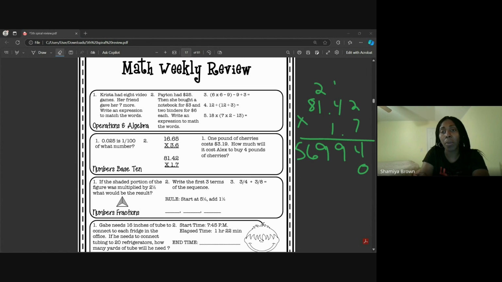Put my 0 to hold my place. 2 times 1 is 2. 4 times 1 is 4. 1 times 1 is 1. 8 times 1 is 8. And remember, I could have marked this out because I've already used it.